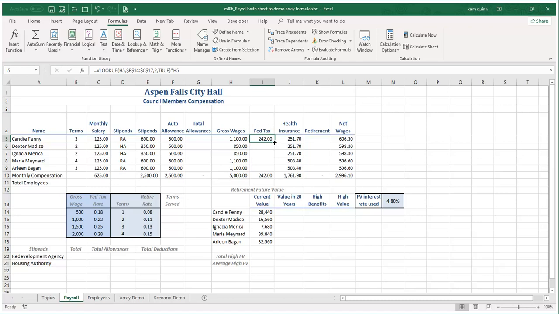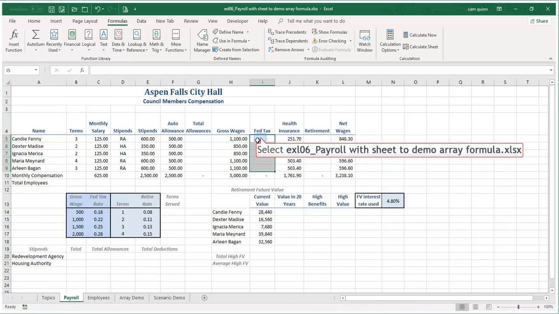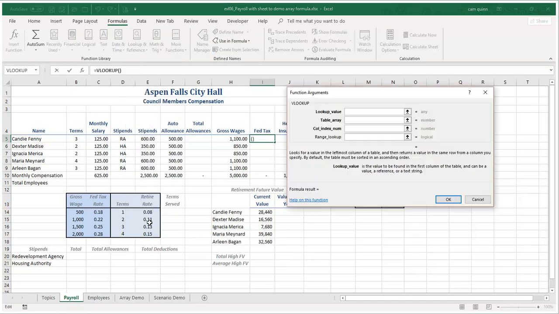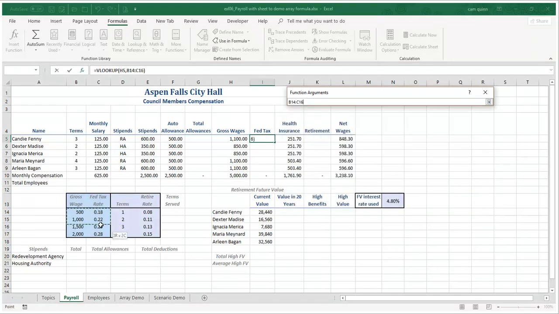Okay, so let me just go through that whole thing again. I'm going to select the cell, look up and reference, VLOOKUP. What am I looking up? I'm looking up the gross wages. Where am I looking it up? I'm looking it up in my table. Then I'm going to hit F4 to make that an absolute reference.